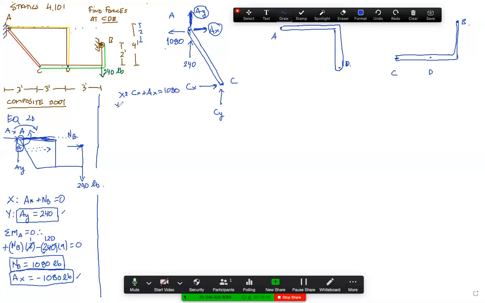Okay, so X. Now let's just go with Y. For Y, I have that CY is going up plus AY is going up. And I have also a minus 240 because it was up in this part of the equation, but I'm going to put a negative on the other side of the equation.